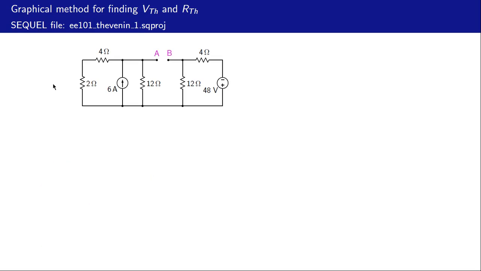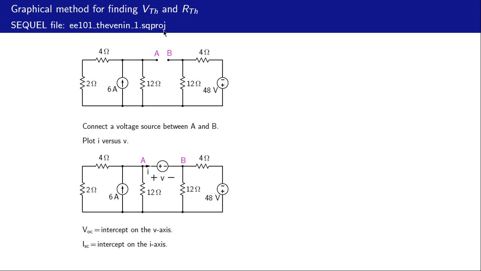Let us apply the graphical method that we just discussed for this circuit, which we have already considered earlier. And here is the KCL circuit file, so you can run this simulation and obtain the plot that we are going to look at very soon. Okay, so how do we go about it?